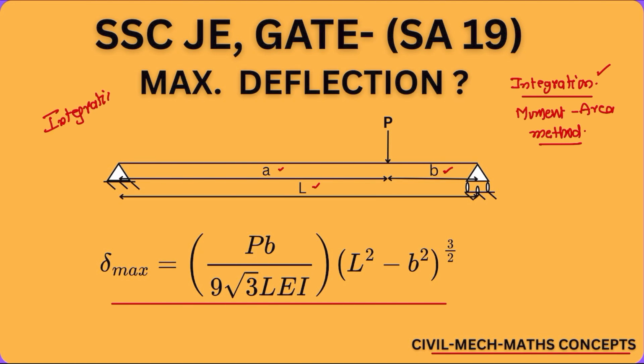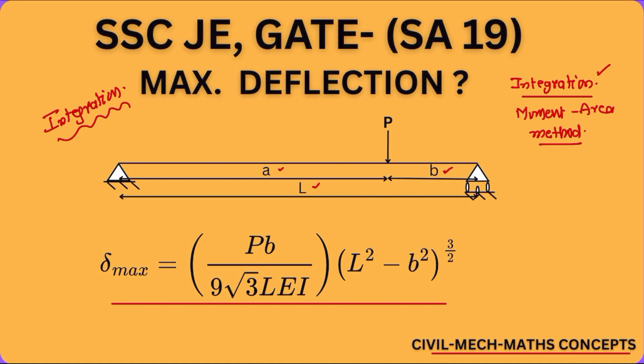We will use our mathematical skills in integration which we have learnt in our HSC, higher secondary course or any mathematical course, pre-university courses. We have studied integration and differentiation.